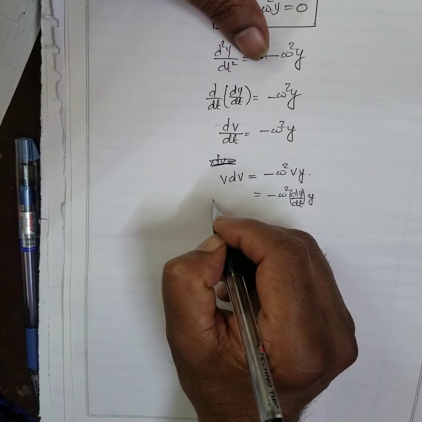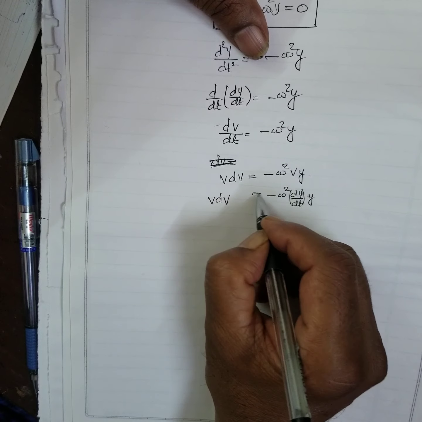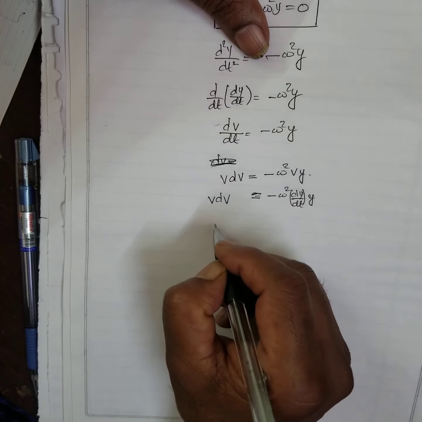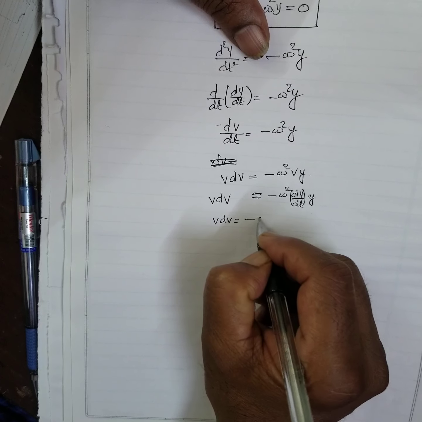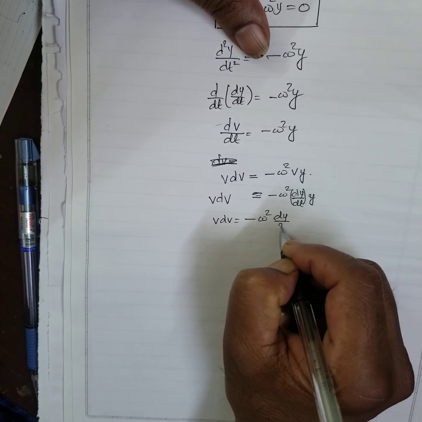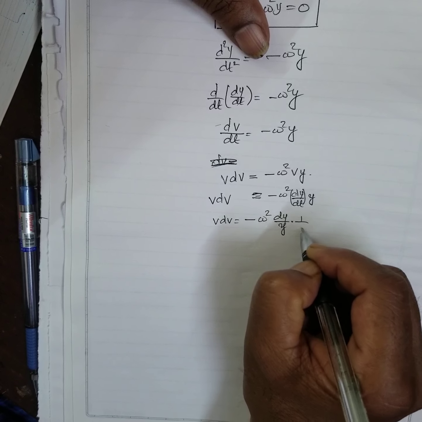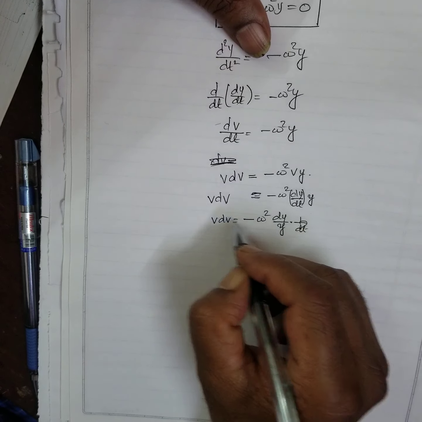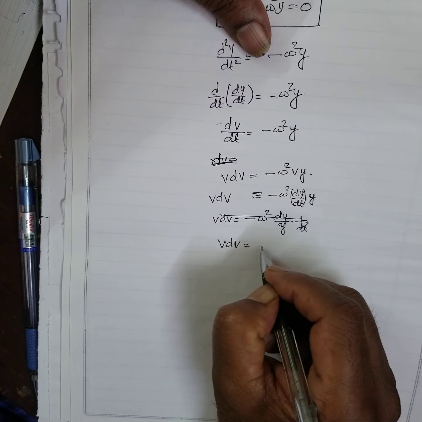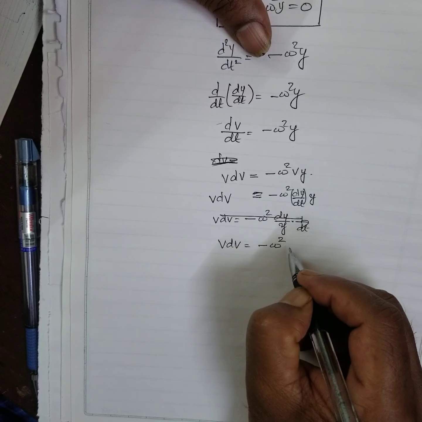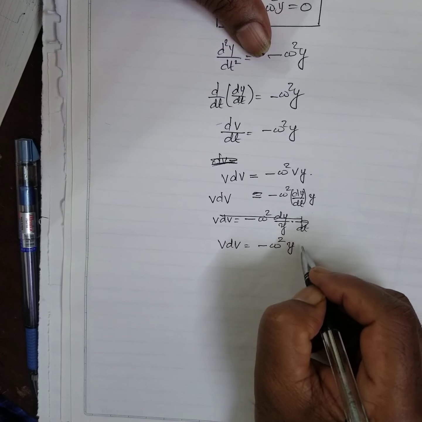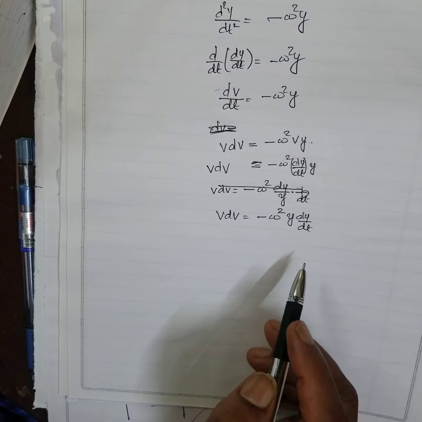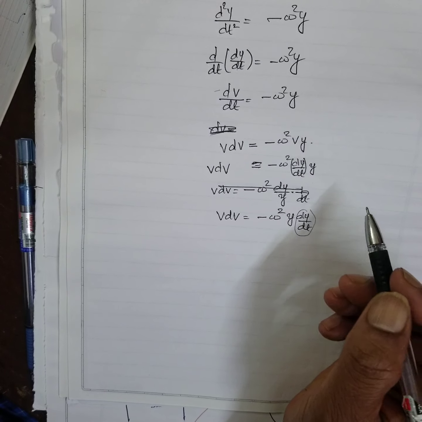Here also v dv. Now v dv is equal to minus omega square y dy over dt. What we can do like this, dy over dt is again v only you are getting.